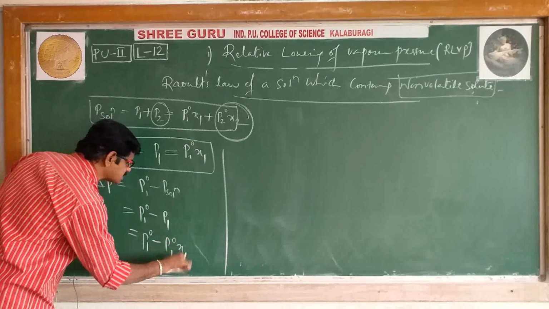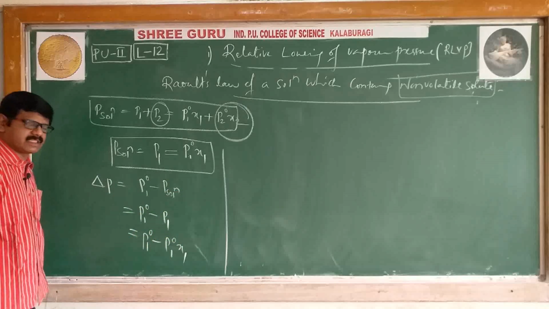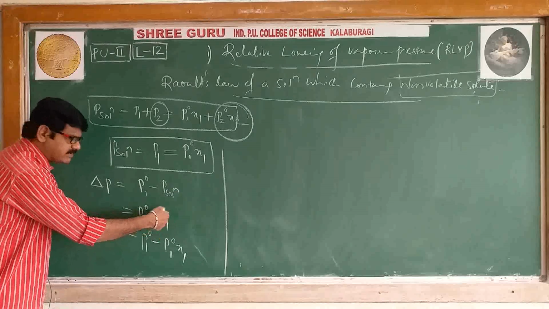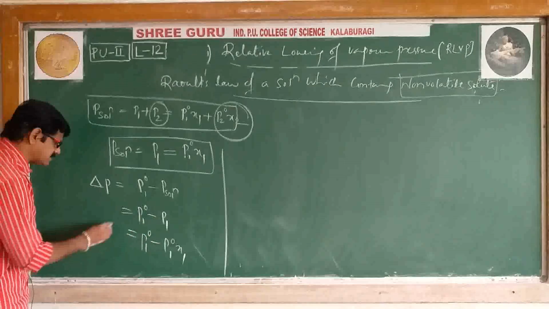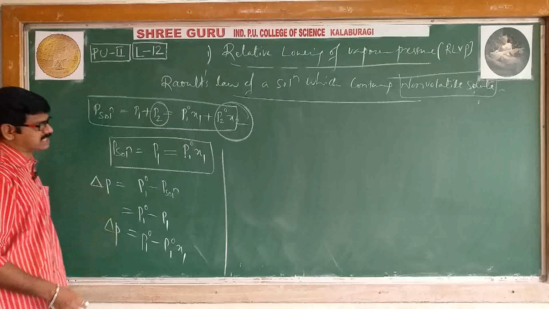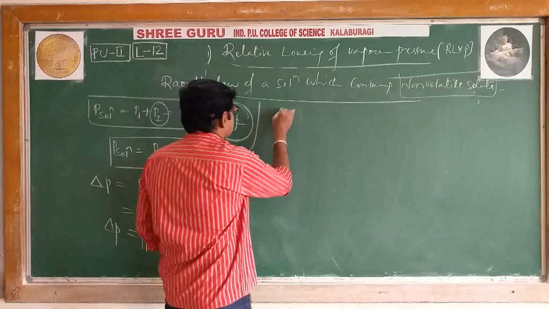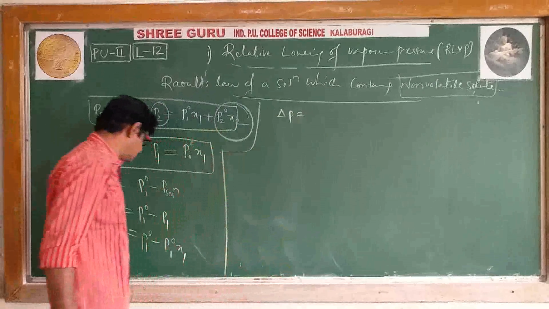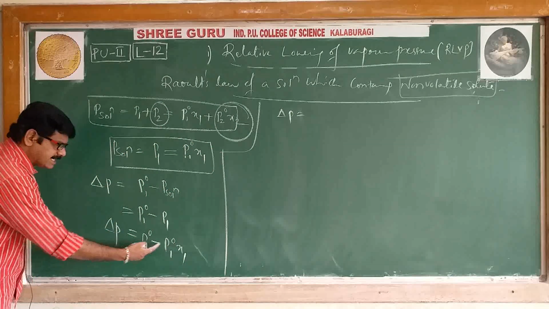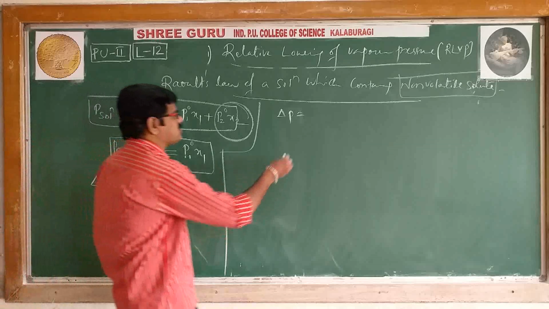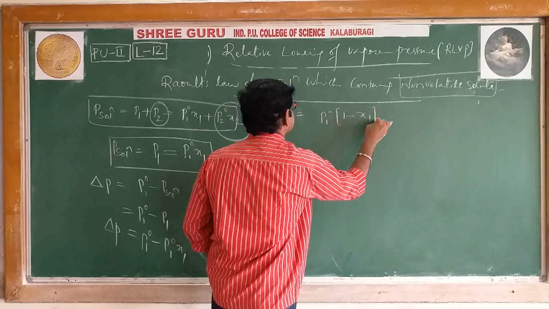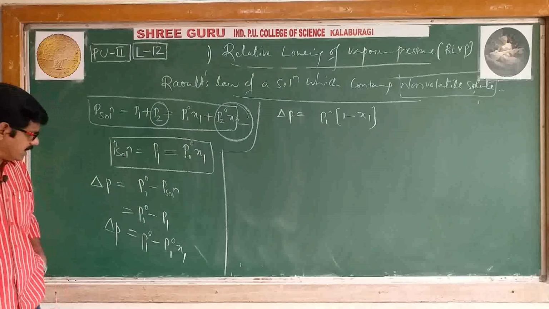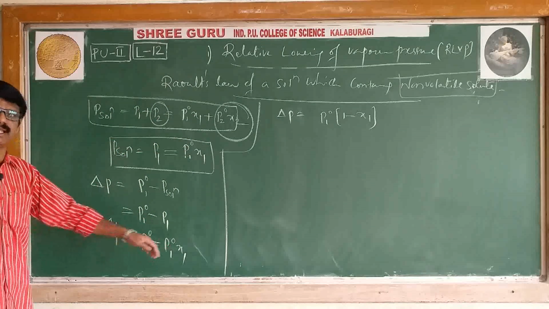Whatever the P1 is there, that P1 I have copied here and substituted. Delta P is equals to P1 naught minus P1 naught x1. So here P1 naught is there, here also P1 naught is there. I'll take P1 naught as common. P1 naught into 1 minus x1 we are getting.